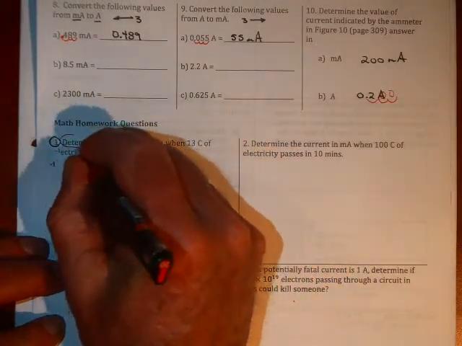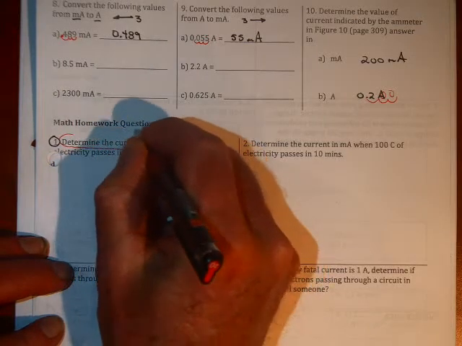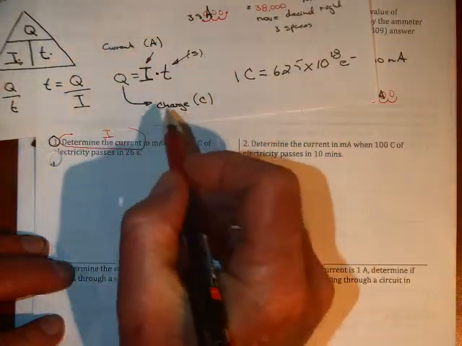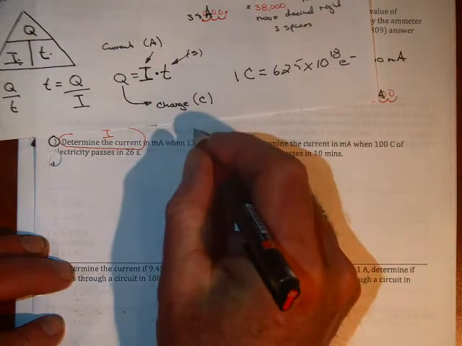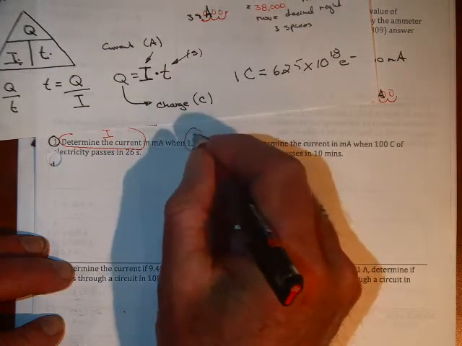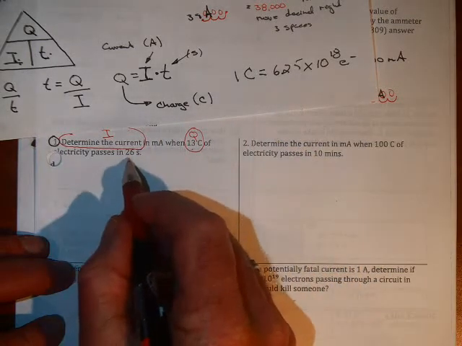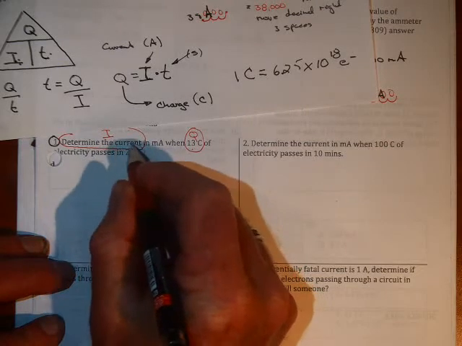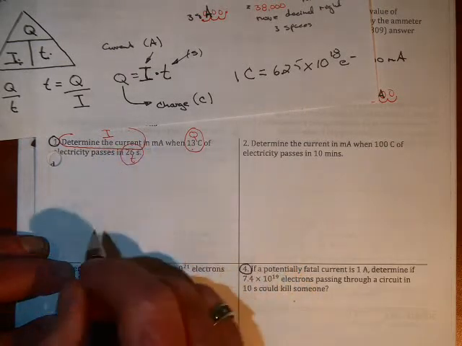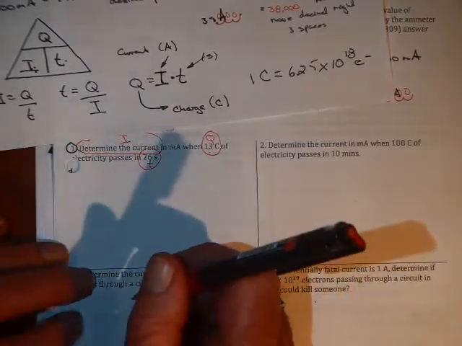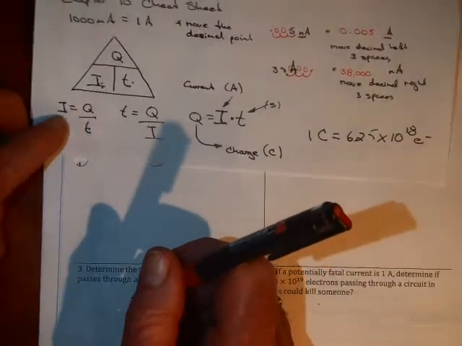Determine the current means I want to find I. I is what I'm looking for. 13 coulombs, coulombs is charge, so this is the Q, of electricity passes through in 26 seconds. So this is T. So I'm looking for current, and I'm given coulombs and time.